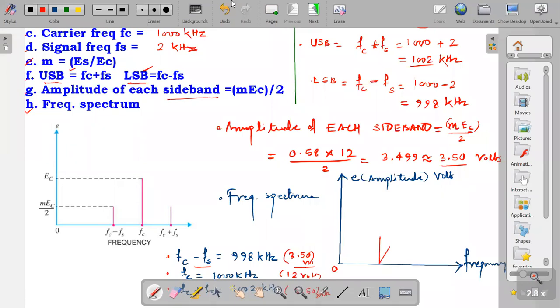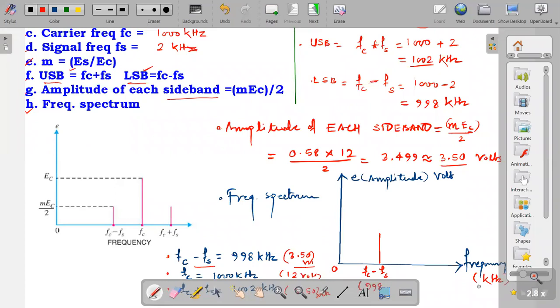Lower side band: this is your Fc minus Fs. And what is the value? 998 kilohertz.